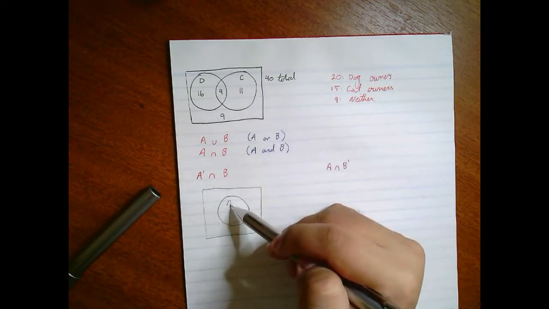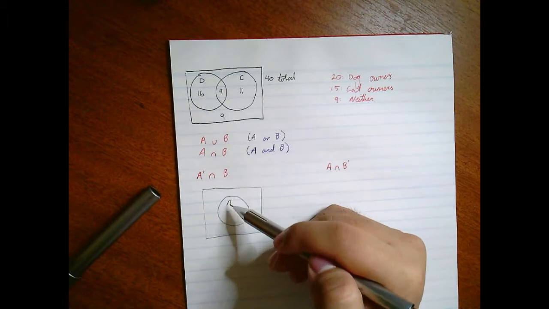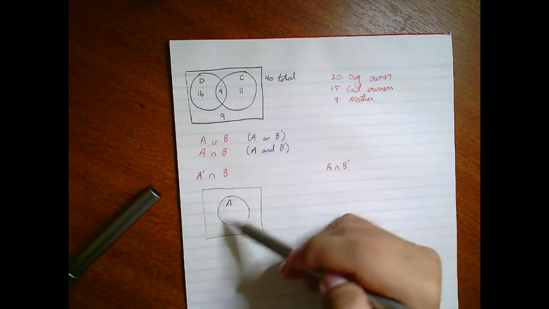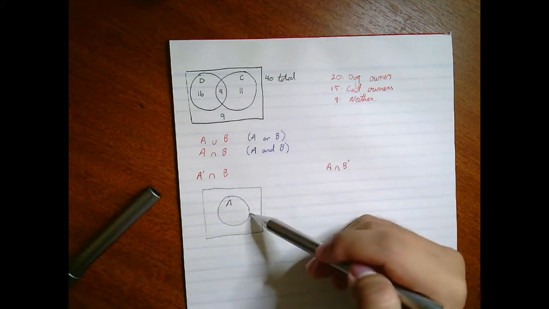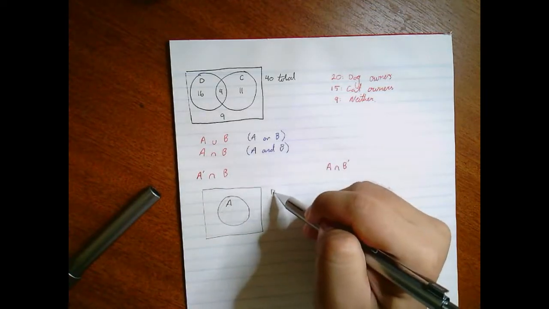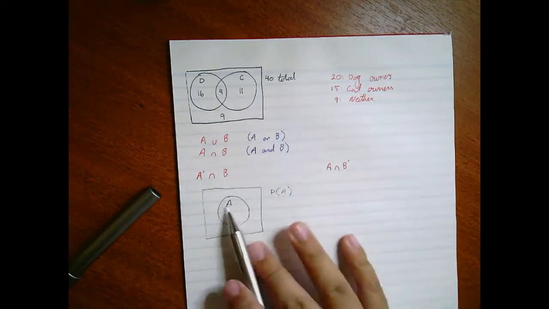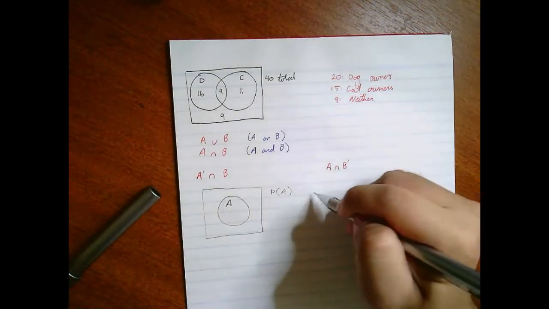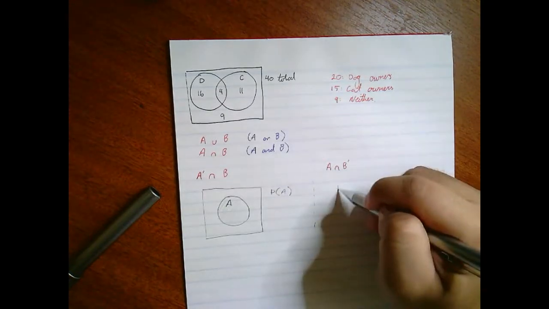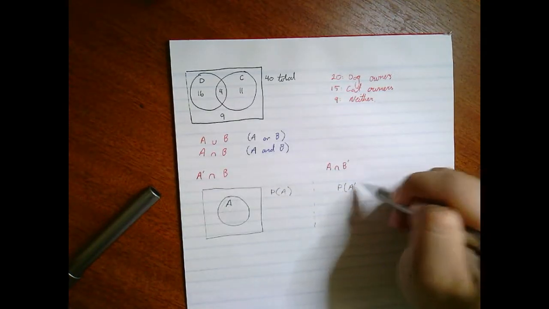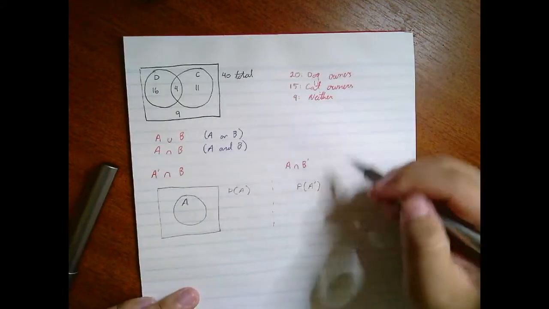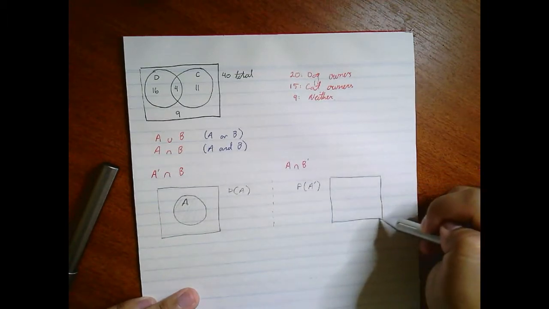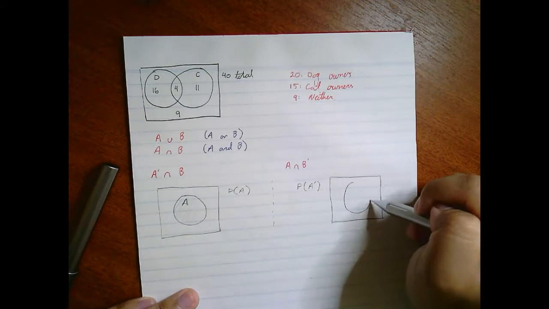So this is group A. If we wanted to calculate the probability of A happening, we would count all the elements inside of A. But if we were to calculate the probability of not A, so of A not happening, wouldn't it be the counting of everything that's not inside A?